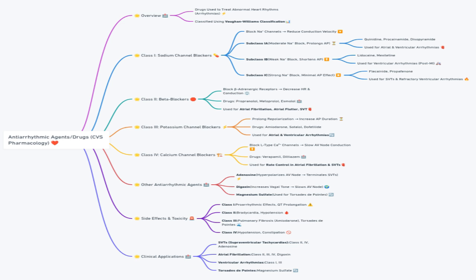The adverse effects of Vernakalant include dysgeusia, that is disturbance of taste, sneezing, paresthesia, cough, and hypertension. Pharmacokinetic data for Vernakalant is limited.